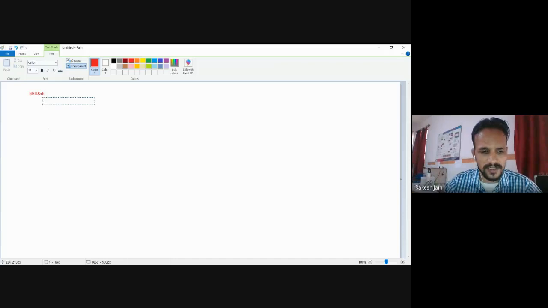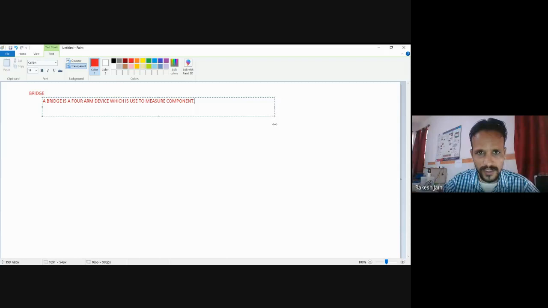Actually, a bridge is a four-arm device which is used to measure components.